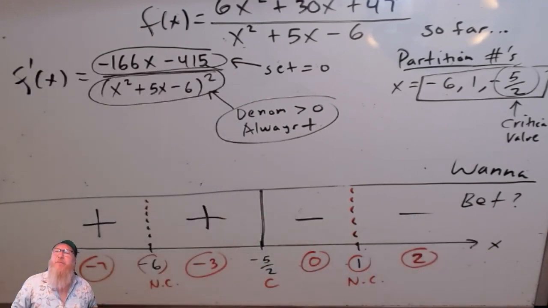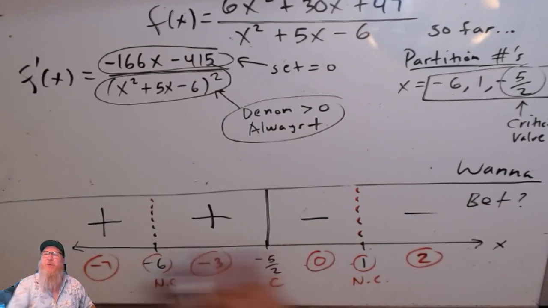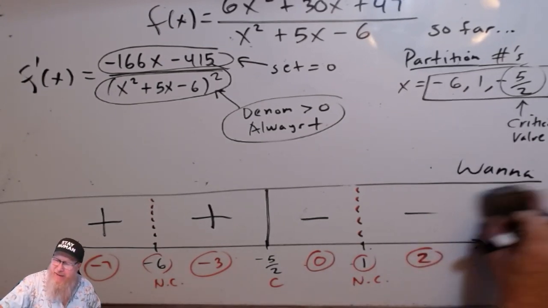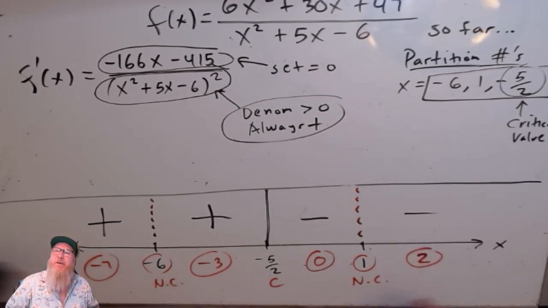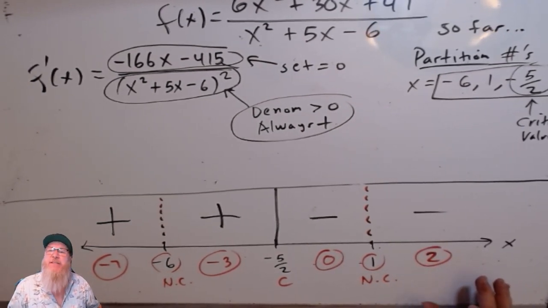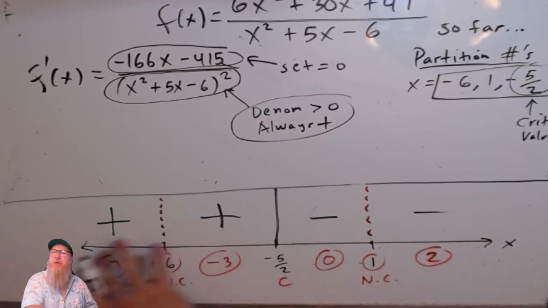That's negative. So you see what I mean about the pattern? It doesn't always alternate plus, minus, plus, minus. That's the most likely bet, but I wouldn't bet. I would test, right? If you want to bet, you could bet yourself and then test and see if you win or not. I would have lost this bet.